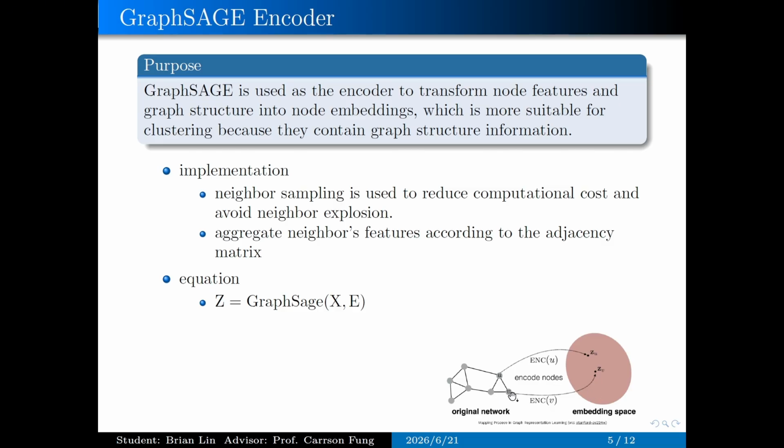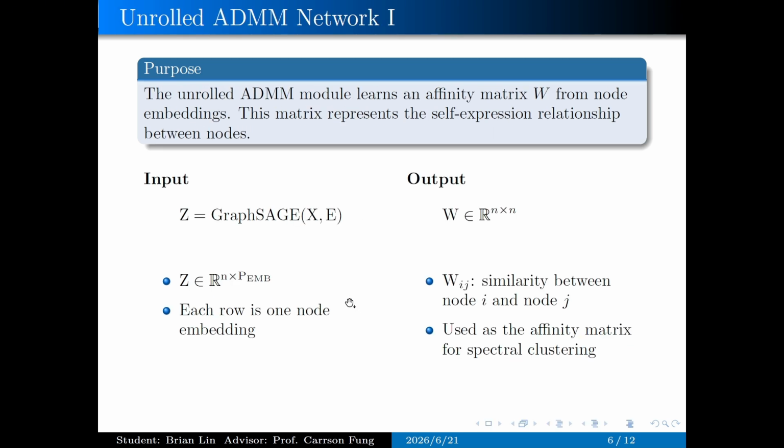We have our original network, which has nodes and edges. We project the node features into the embedding space so that we can do the clustering more easily by using this Z matrix. So let's move on to the next part.